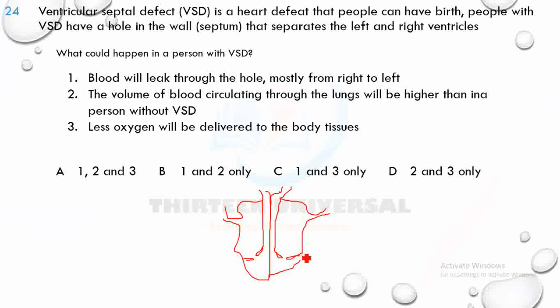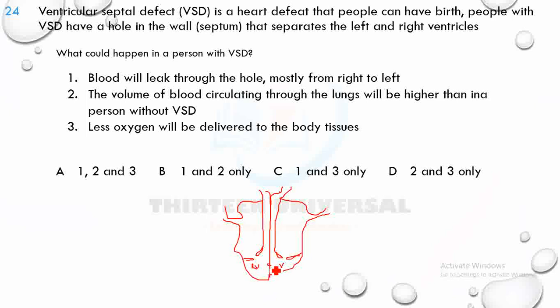Okay, so let's go. Right now, they say that I have a hole in the wall of the septum that separates the left and right ventricles. So this is the left ventricle, left V, and this is the right V. Don't forget that the left ventricle has a thicker wall. So there's a hole here.